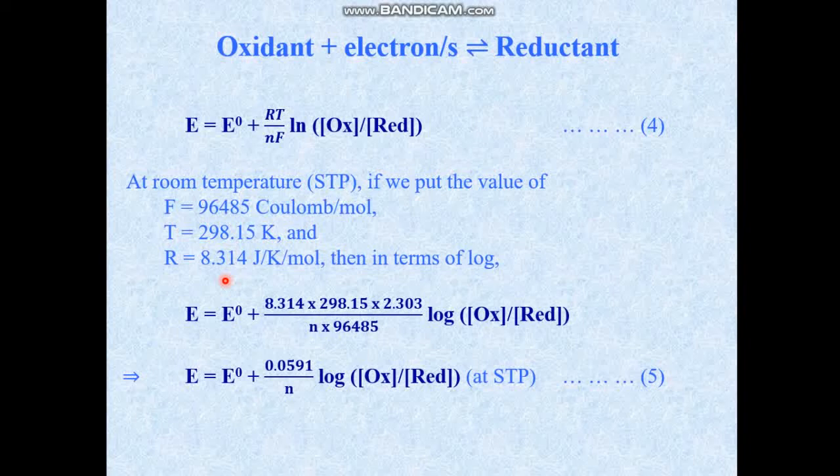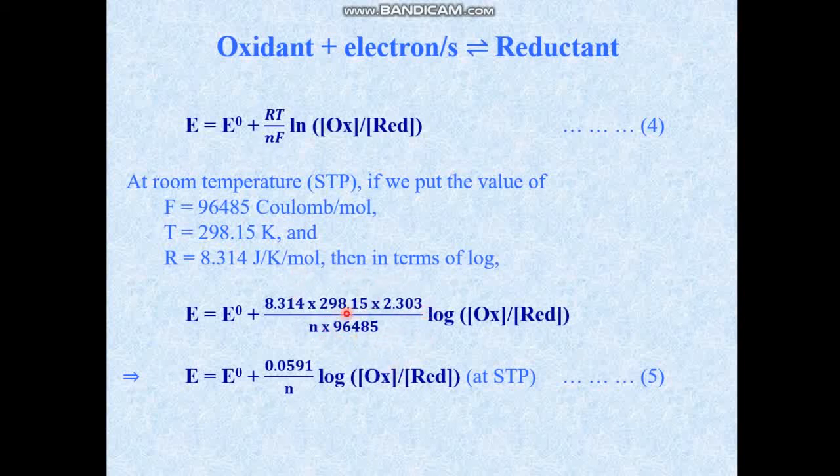So let us put these values here, and instead of R we have put the SI unit 8.314, the temperature, and the natural log has been converted into log base 10, so 2.303 has been multiplied here, and the Faraday value 96,485 has been put in the denominator.